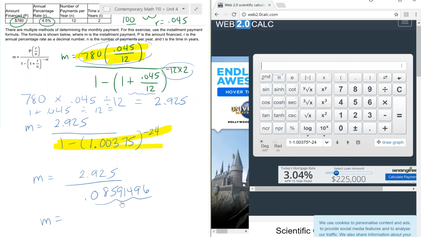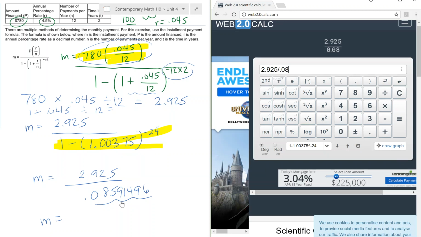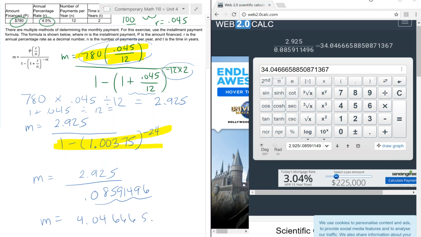So I'm going to clear one more time, and I have 2.925 divided by 0.08591496 equals. So 34.046665, and it keeps going. So since we're dealing with money, the monthly payment would be about $34.05, because that third decimal 6 will make the 4 go up 1. So $34.05.